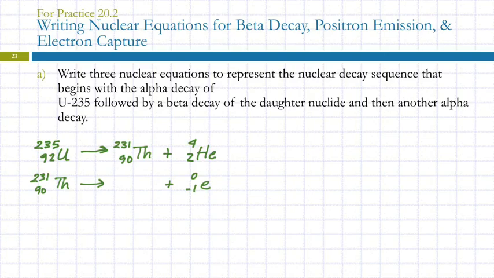So the mass number is easy. It doesn't change. The atomic number, something minus 1 equals 90. So this must be 91. The atomic number went up. So 91 PA.